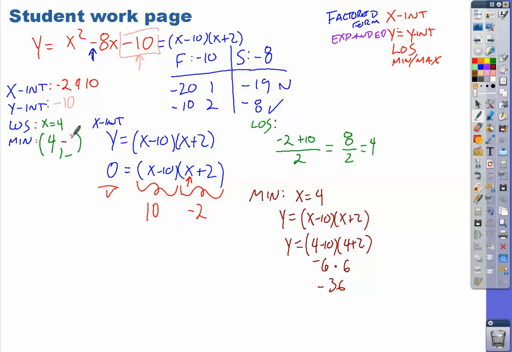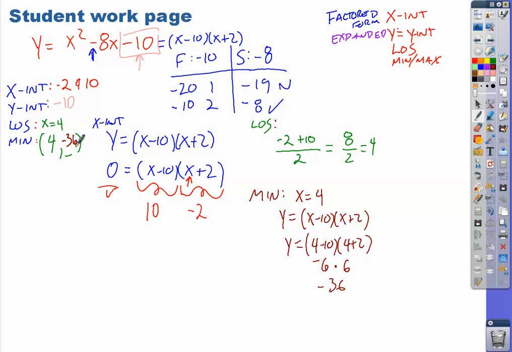And there we go. So my minimum is at 4 comma negative 36. And there we go. We have successfully found the 4 important points of the parabola.